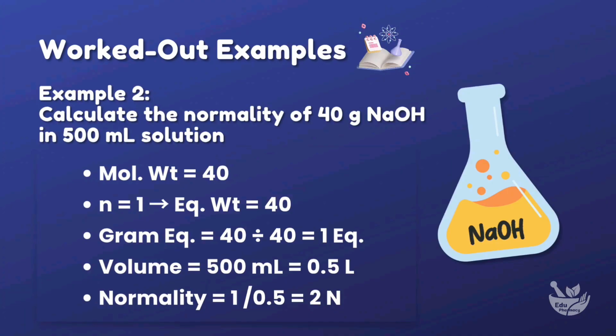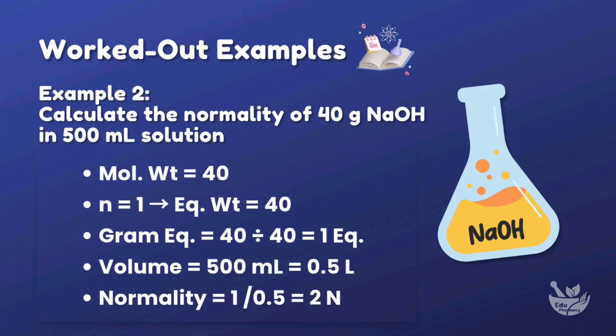Gram equivalents equal 40 divided by 40, which is 1. The volume is 500 milliliters or 0.5 liters. Normality equals 1 divided by 0.5, which equals 2 normal. So, this is a 2 normal sodium hydroxide solution.